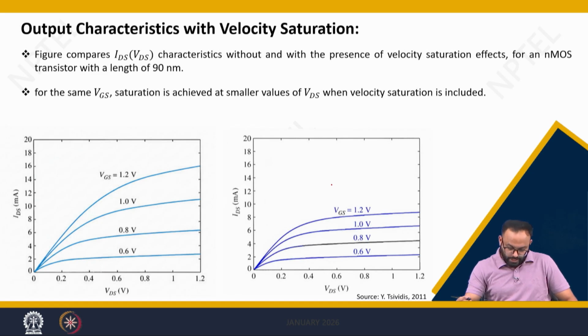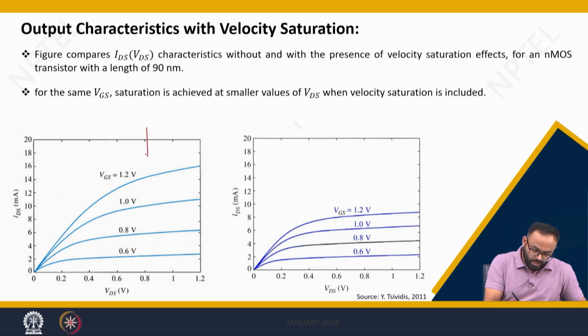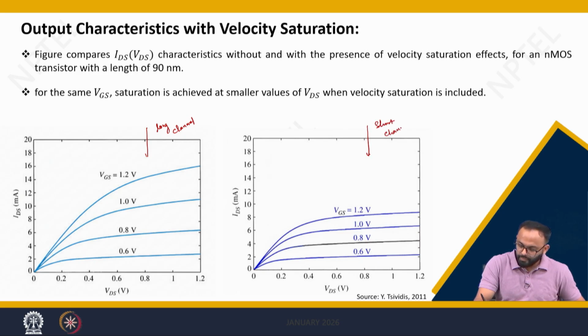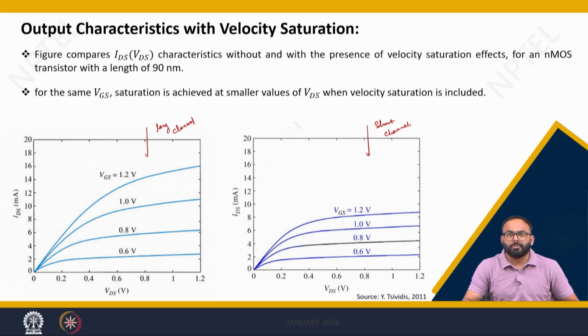The next is, let us see the output characteristic with velocity saturation, and how it changes. This characteristic is plotted for a long channel device, and this is plotted for short channel devices, considering the velocity saturation effect. If we closely monitor these two graphs, we will observe a few things.